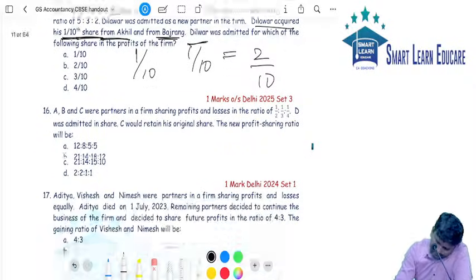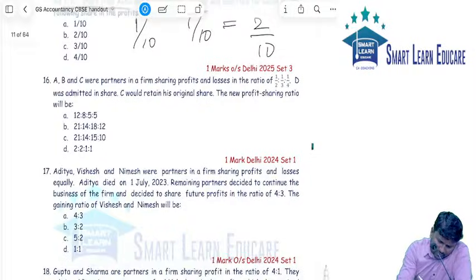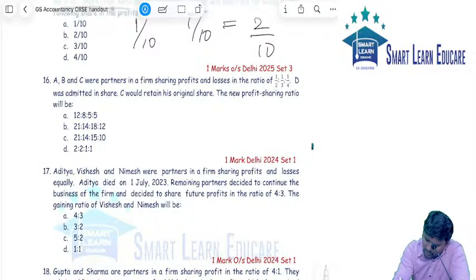நெக்ஸ்ட்டு, A, B, C were partners in a firm. Profit sharing ratio 1/2, 1/3, 1/4.